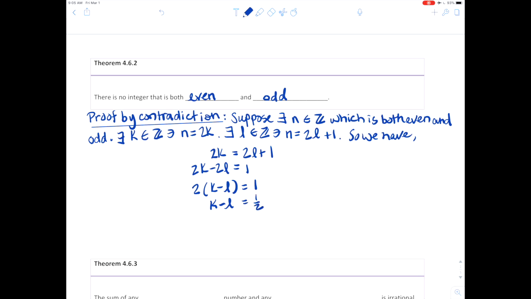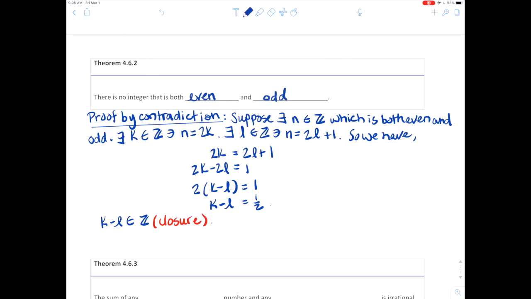All right, well, what is k minus l? K minus l has to belong to the integers because of what? Awesome. Closure. If you subtract 2 integers, you get another integer.